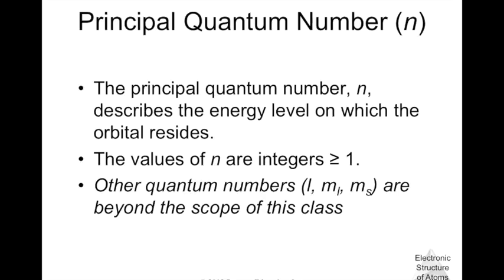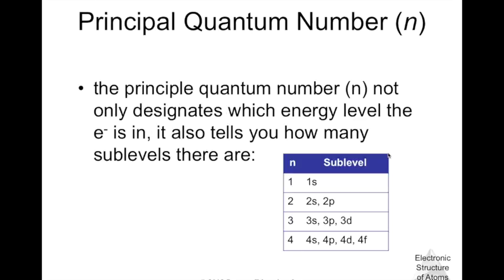We'll talk a little bit about the concepts behind them, but as far as quantum numbers are concerned, really all we care about for the AP exam is n, the principal quantum number. It doesn't only tell you the energy level, but it also tells you the sublevels in a little bit of these shapes. You probably recognize these from just before. So the first energy level has 1 sublevel, the second energy level has 2, the third has 3, and so on and so forth.